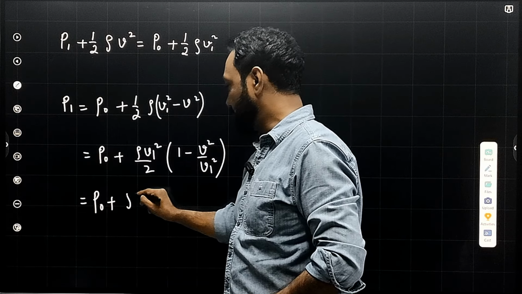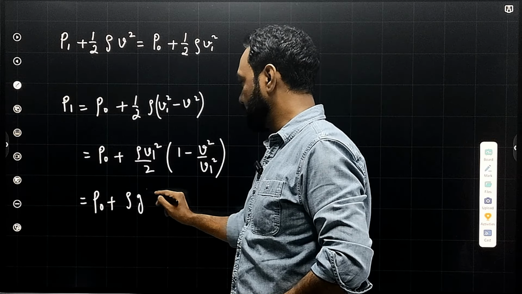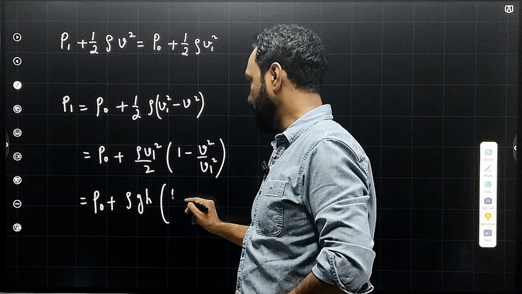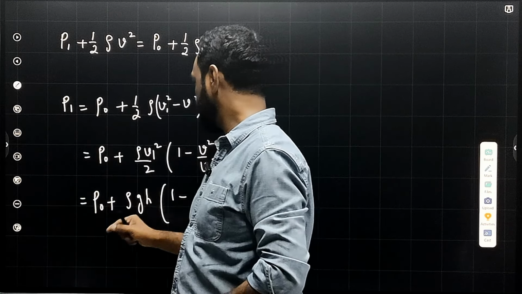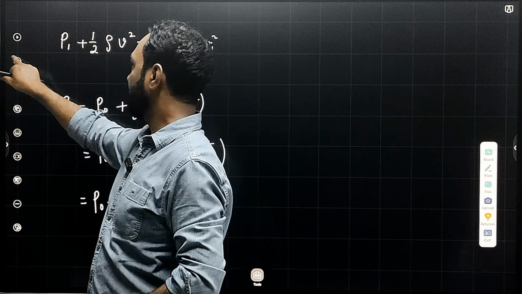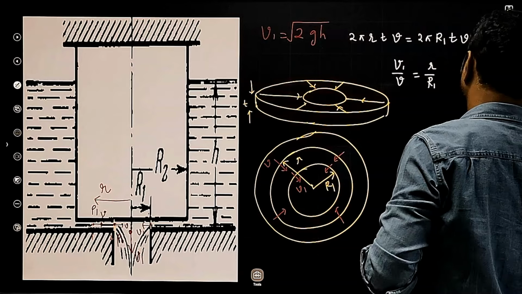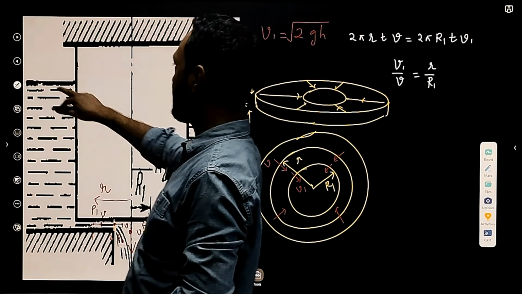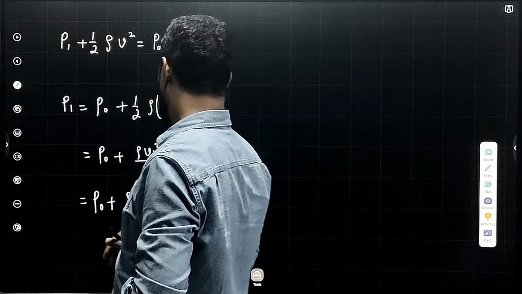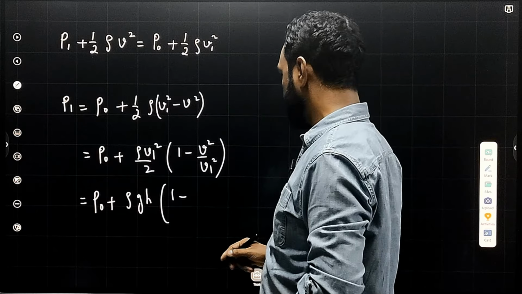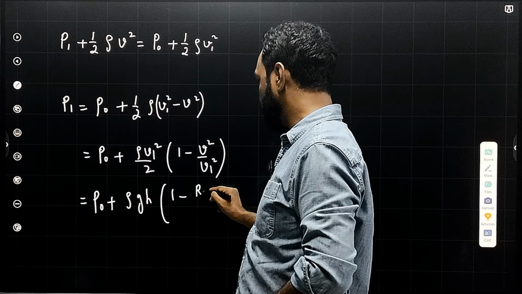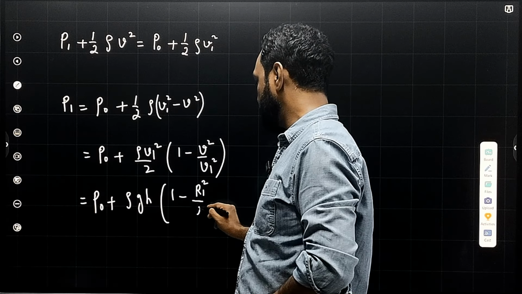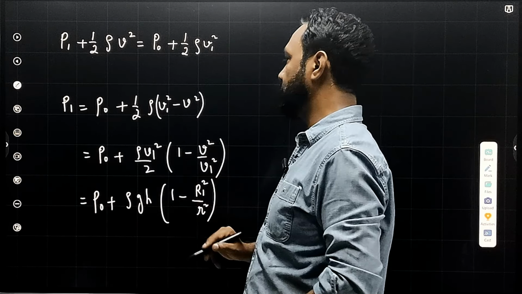So that will come to be rho gh times (1 minus v square by v1 square). And v by v1 is r1 by small r, so v square by v1 square is r1 square by small r square, and that will be our answer.